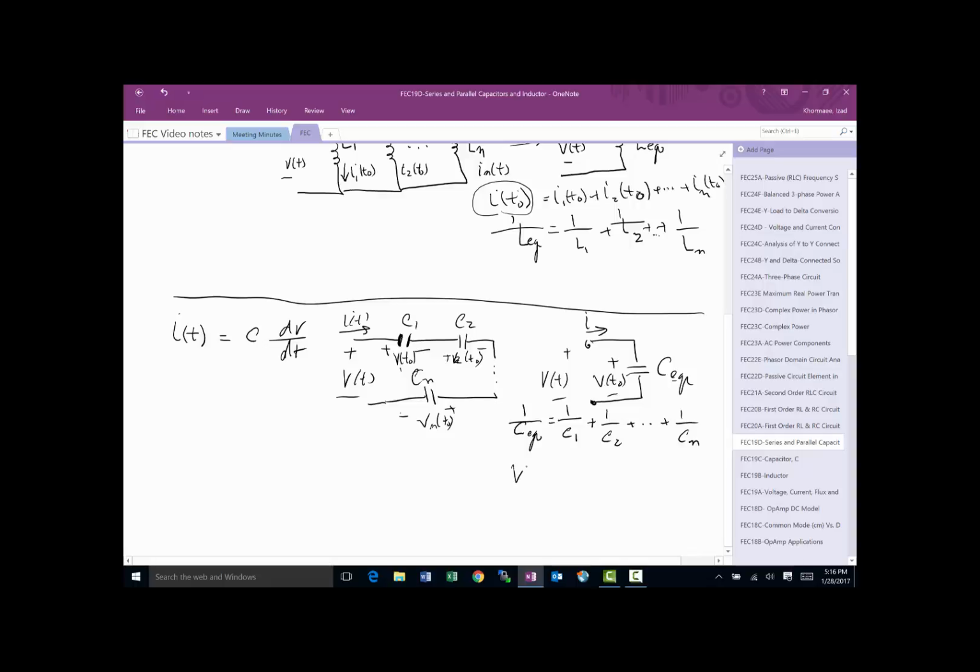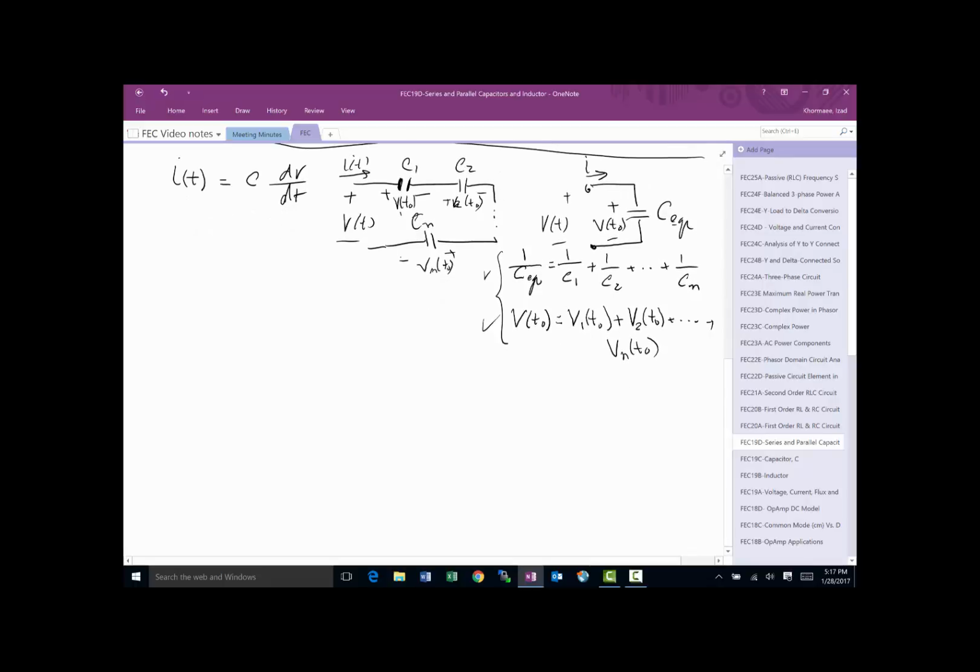Now V of t0, the initial condition for it, is the sum of all these, basically the KVL idea. So V of t0 is going to be V1, the initial condition for capacitor 1, plus capacitor 2, and on till the last capacitor. So that's the two things you have to do here: calculate the C equivalent and calculate the initial condition.